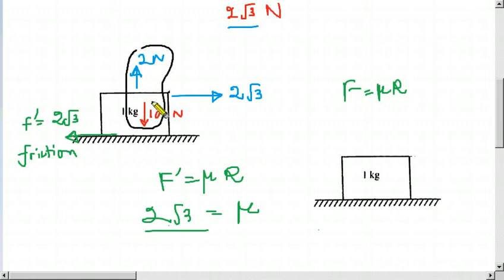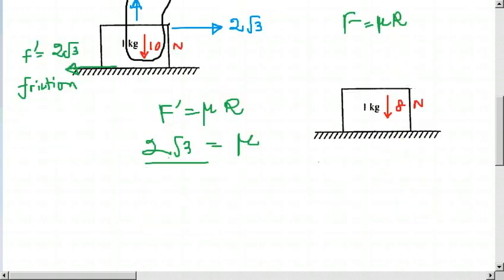When we simplify these two, the resultant is downwards, because the 10 Newton is bigger, greater, so then it is 8 Newton. Resultant of these two vertical forces, we simplify, we get 8 Newton. So that is the thrust onto this surface.